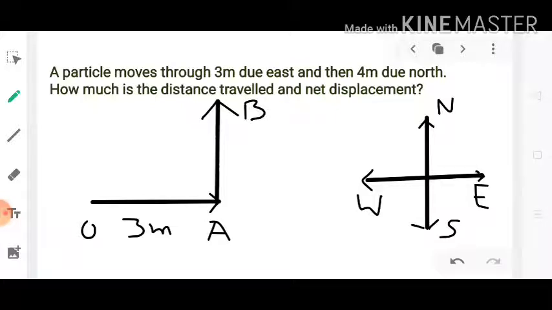Let this position be marked as B. 4 kilometers, sorry, it's 4 meter. So this is the path followed by the particle. So now we have to find the distance traveled and the displacement.